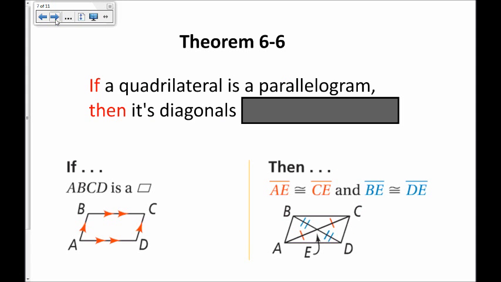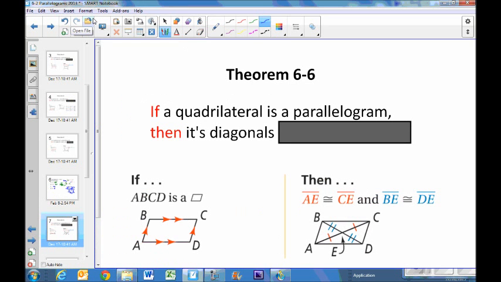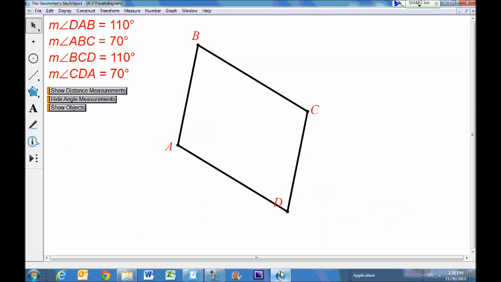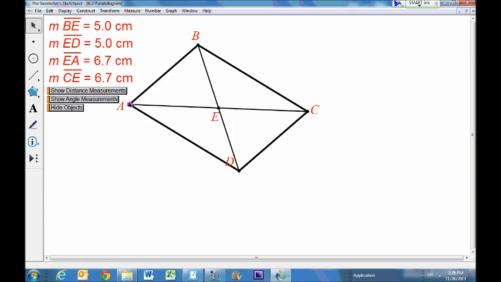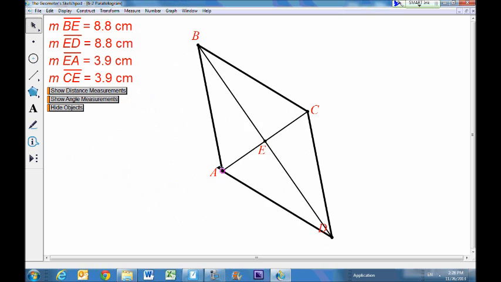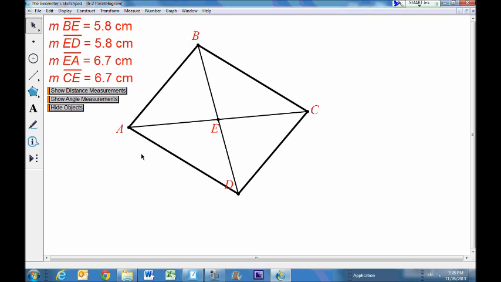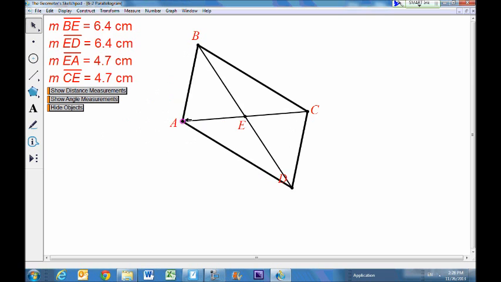The last property is about the diagonals. Okay, and this one is probably a little less intuitive than the ones before. Okay, we draw in those diagonals and some of the lengths. Now I've measured here BE and ED. Okay, I've also measured EA and CE.